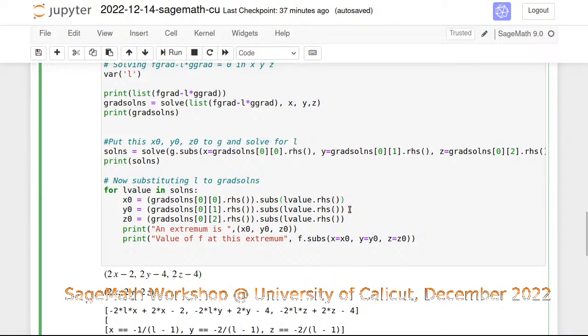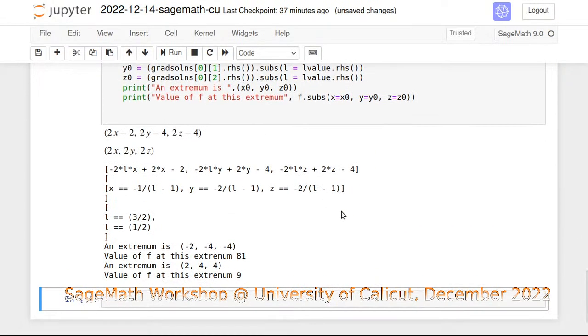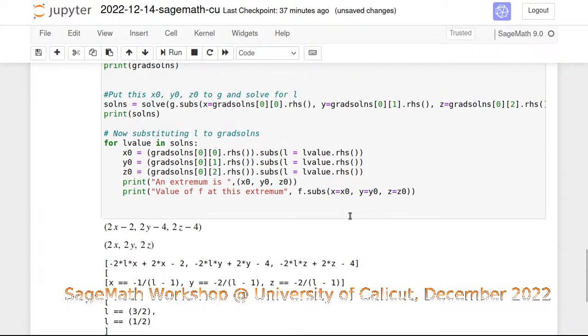Oh, but L equal to is required. That is missing. Substitute at the place of L equal to. And the next term is minus 2, minus 4, 4, 81, 2, 4, 4, 9. These are the two values.